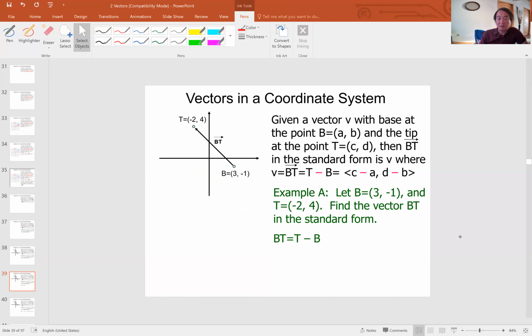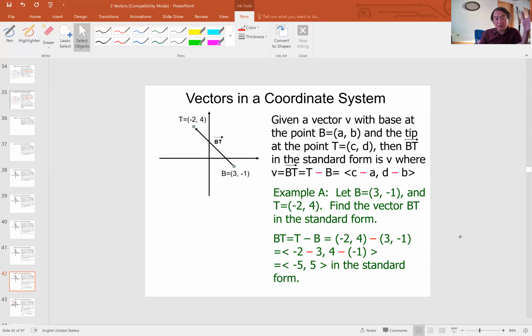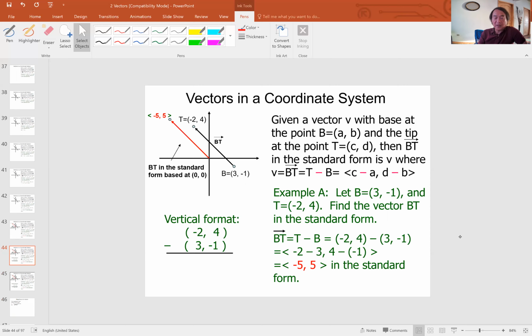So in this case, the vector BT is going to be T minus B, and this is just arithmetic. You can do it in vertical format. It's very easy. The arithmetic in this section is very easy.